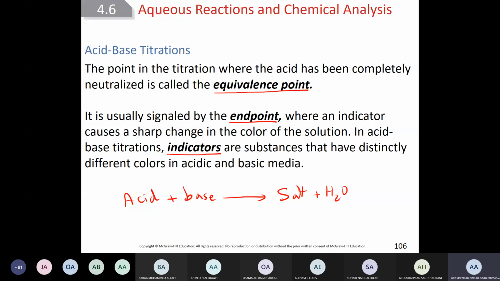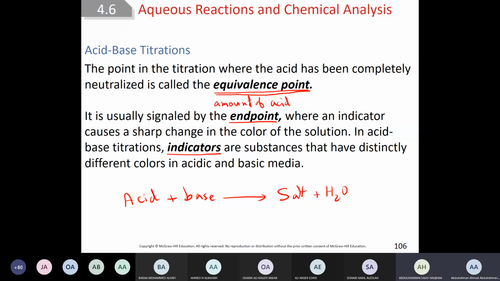When are we going to reach the equivalence point? When there is no acid and base, when the acid is completely neutralized.